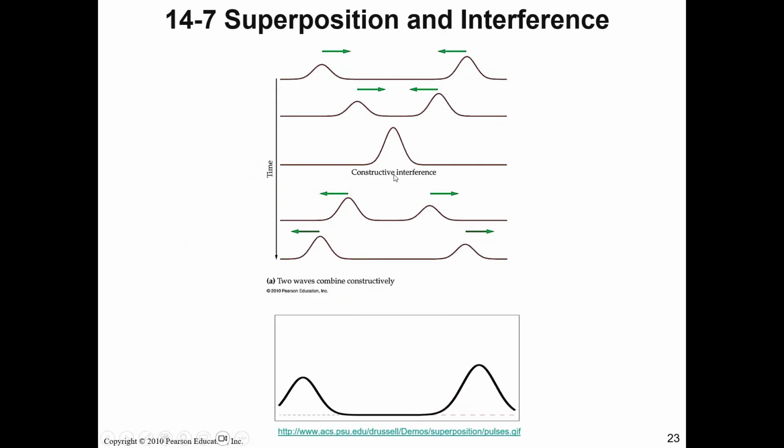This is called constructive interference. But after this moment, those two waves can still move independently. Throughout the whole time, you can say that those two waves are independent. They just move at their own speed. But when they overlap in space, there is a large amplitude, and that is called constructive interference.